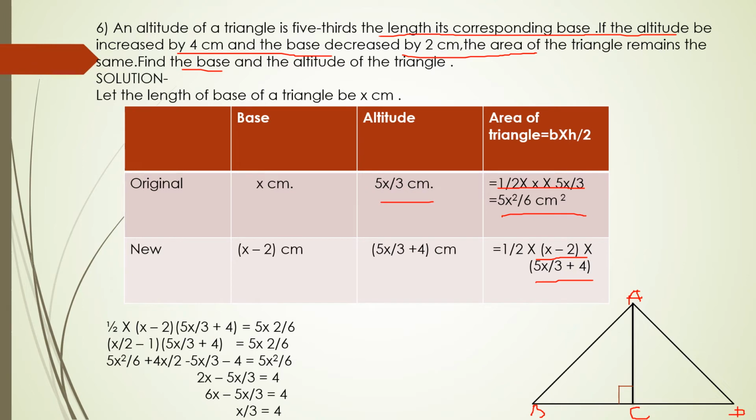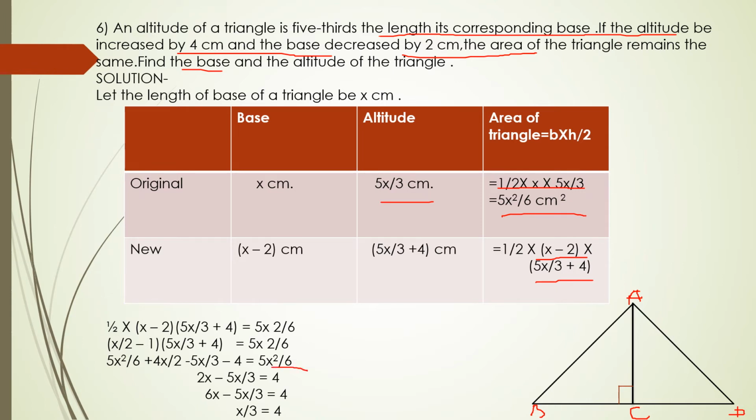Second bracket remains as it is, 5x by 3 plus 4 is equals to 5x square by 6. Now you multiply the two binomials where you will obtain 5x square by 6 plus 4x by 2 minus 5x by 3 minus 4 is equals to 5x square by 6.